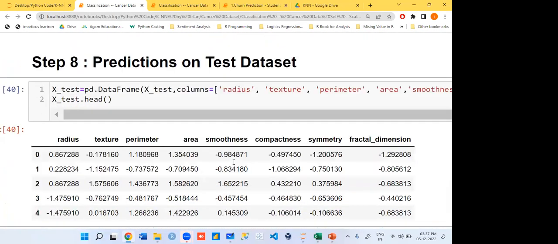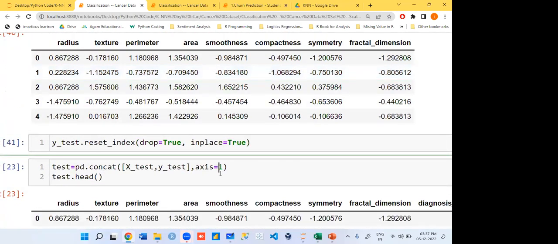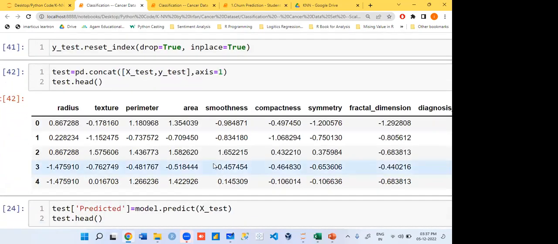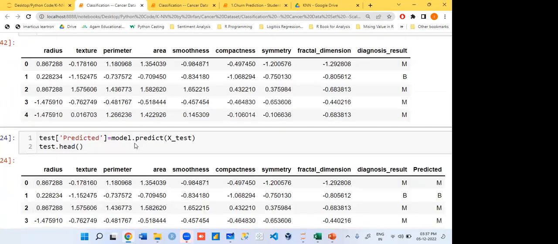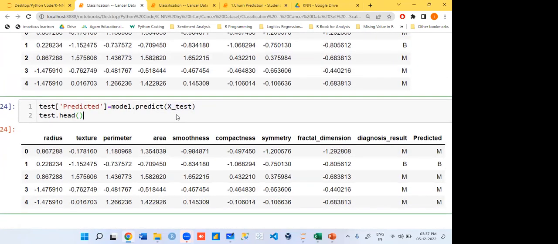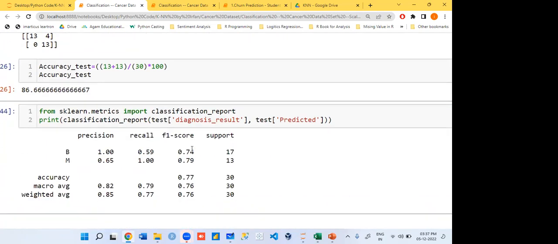Same, I make test data into data frame. I just combine my X test and Y test. Model predict for X test, which is your scaled data. Then we make confusion matrix. How much is accuracy?